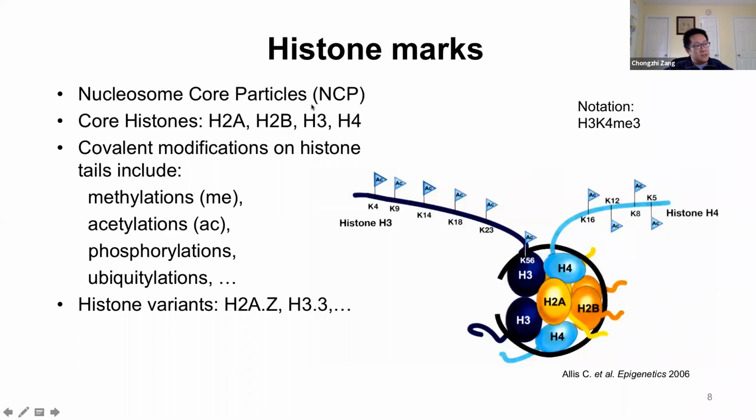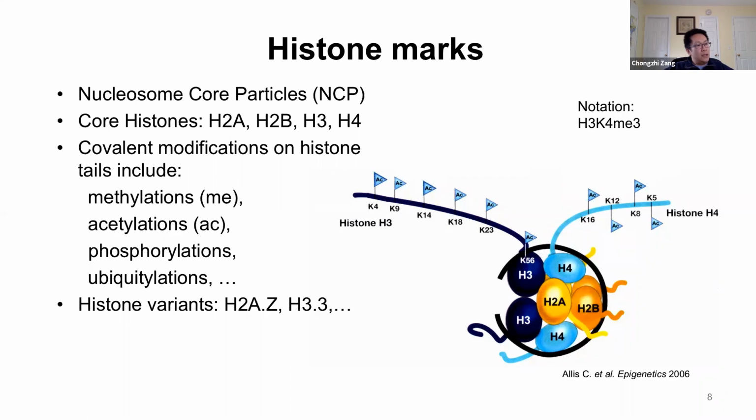This NCP does not stand for novel coronavirus pneumonia, which was the earlier name before COVID-19 was formally named. Anyway, in the NCP there are 8 protein molecules, 2 copies of each of the 4 histones: H2A, H2B, H3, and H4. And H1 is another type of histone that helps connect individual nucleosomes.